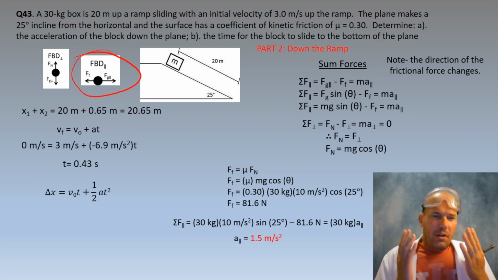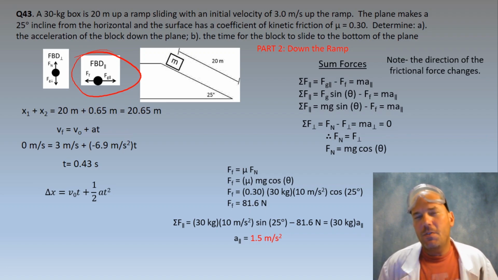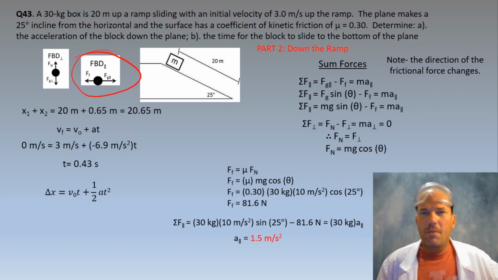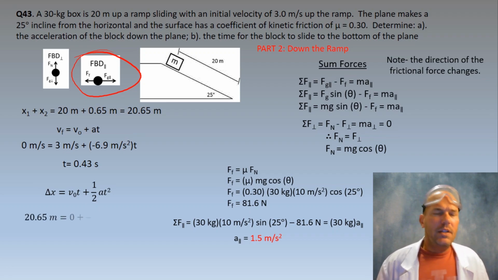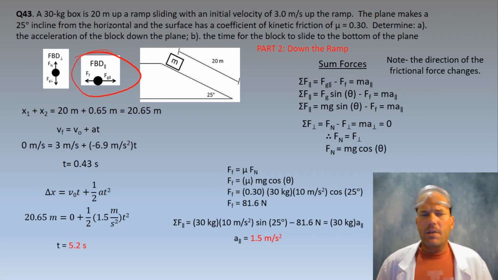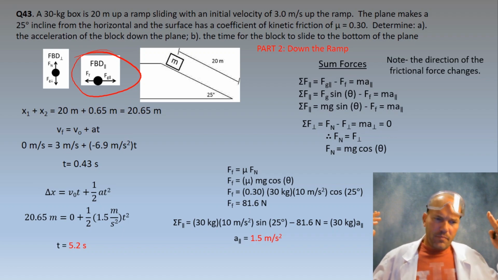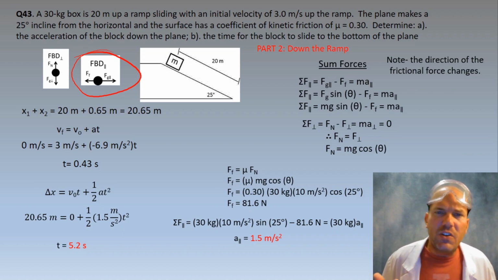So, we already knew the 0.43 seconds for it to continue going up before it stopped. Now let's find how long to go down. So we can use our change in position of 20.65 meters, and we can go ahead and calculate that total amount of time that it took.